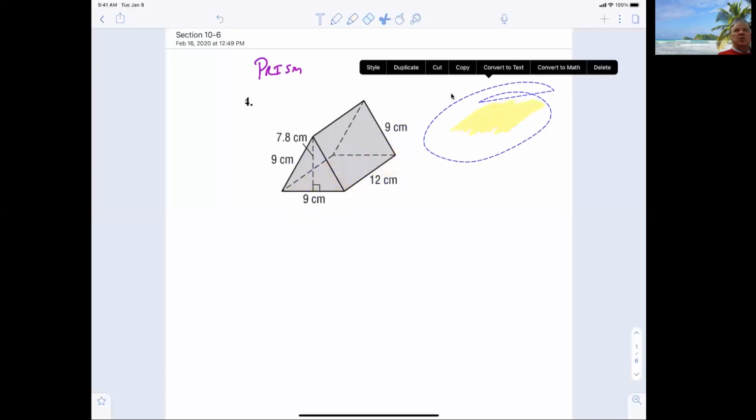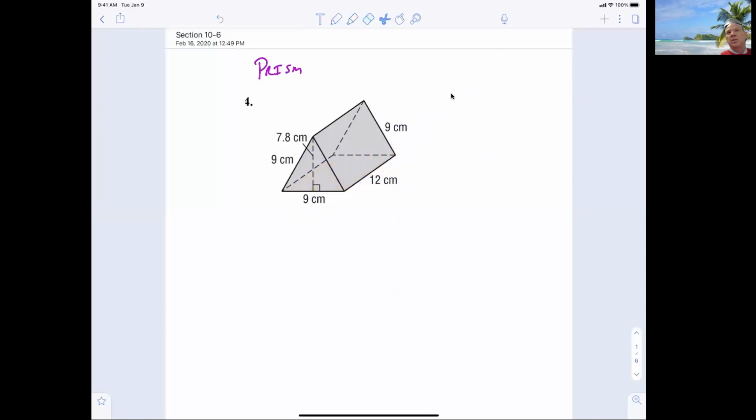The base is the shape that's parallel to the opposite side, and it is the exact same shape. So the triangle is considered the base. In a prism, how many bases are there? There are 2 bases.